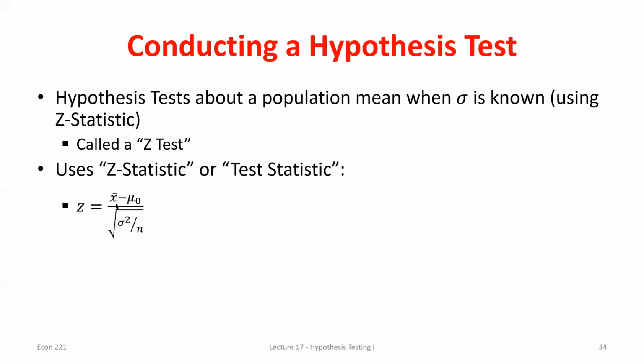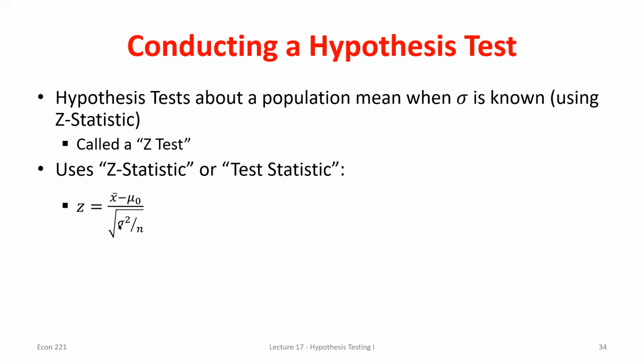So it's going to be really similar to what we've been doing. This shouldn't look that much different than when we were calculating z values before for sample means. I take my sample mean value I'm interested in, so that would be my 4.5%. I subtract the assumed true mean, right? Because I don't know the true population mean now, but I have an assumed true value. So here that would be our 7%.